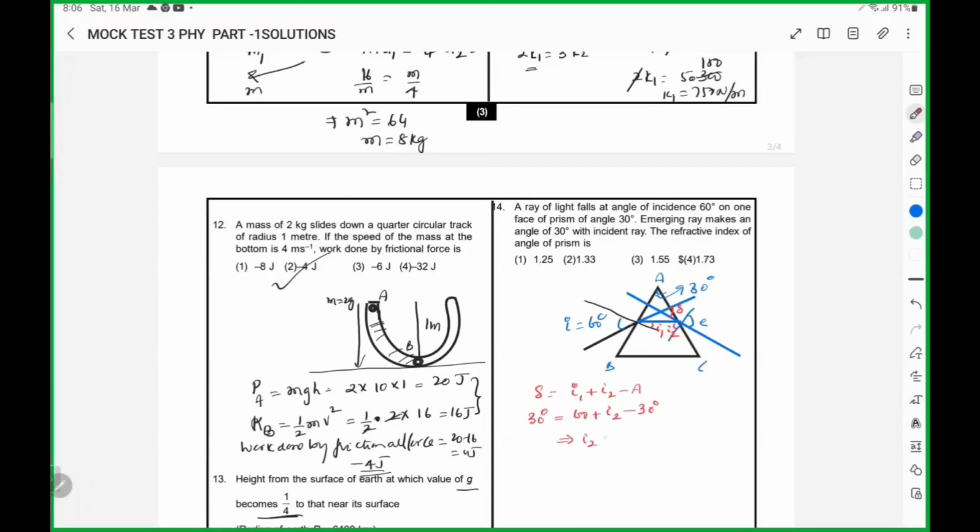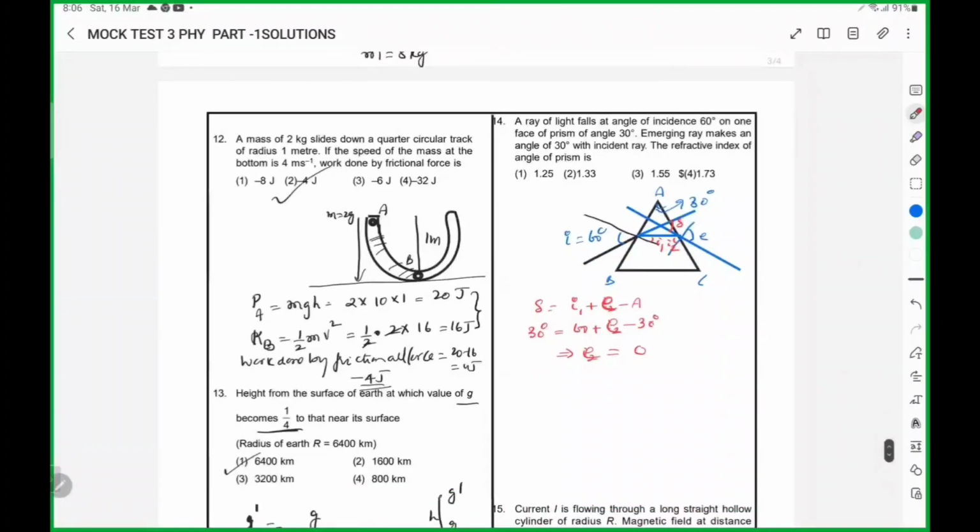From here I2 is, it is I plus E minus A. So we get here A value as 0. So to find the refractive index using Snell's law, let us apply at P. When the ray enters from air medium to glass medium, 1 into sine 60 is equal to mu into sine I1.